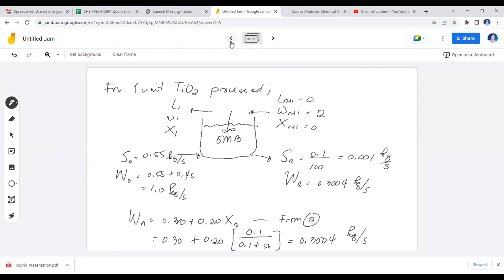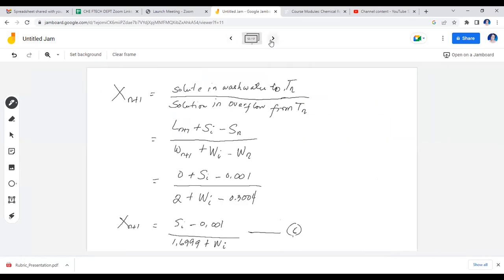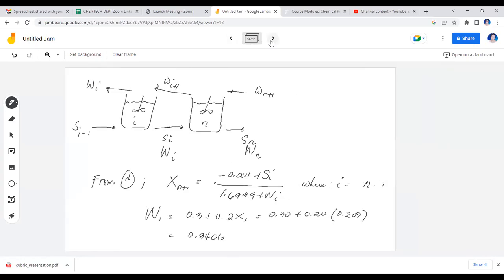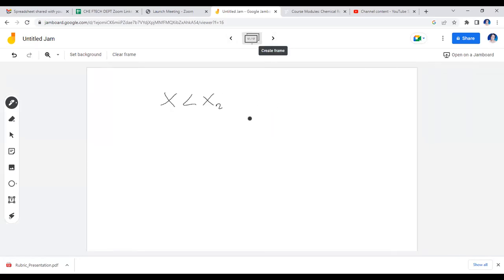Okay, where is that X sub n? You remember this one? We have 0.001 divided by 0.3004. If you're going to solve for the Xn, this is not 2 class, this is n. Xn is equal to Sn over capital Wn.